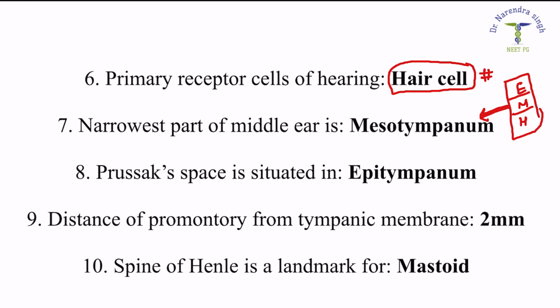Question number 8 says Prussak's space is situated in which part of the middle ear? Prussak's space is situated in the epitympanum part of the middle ear.